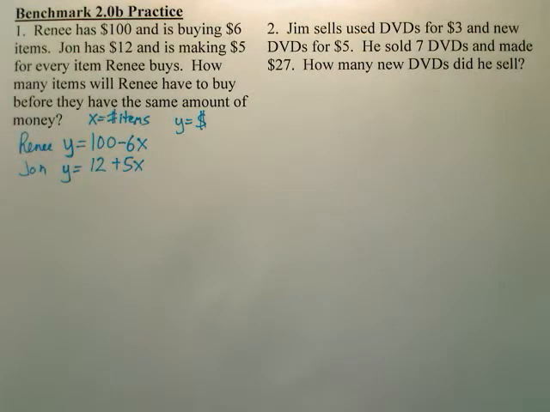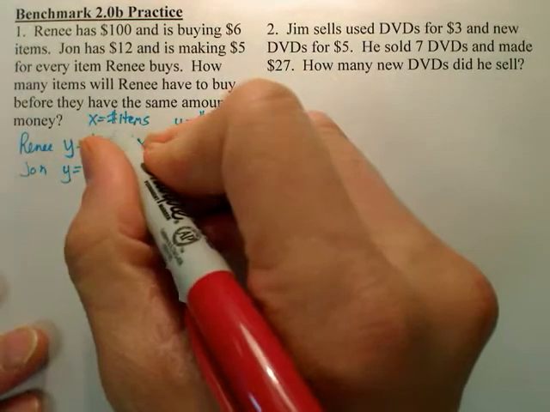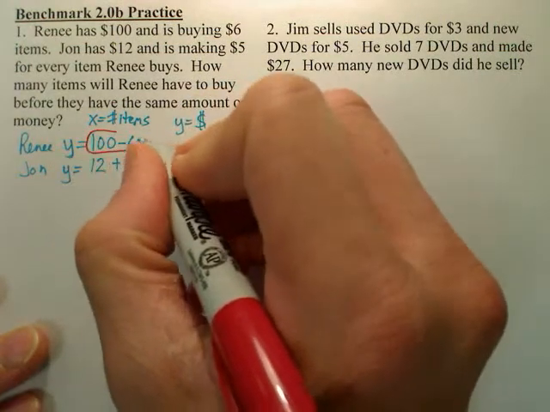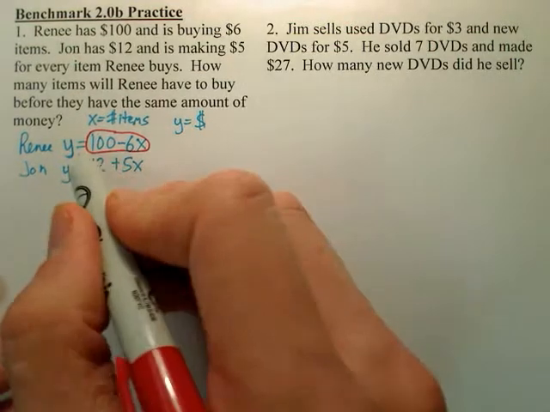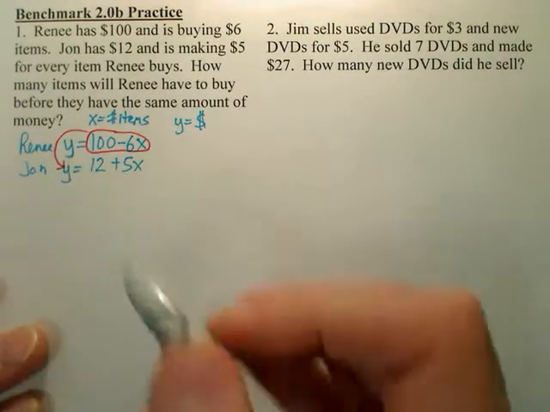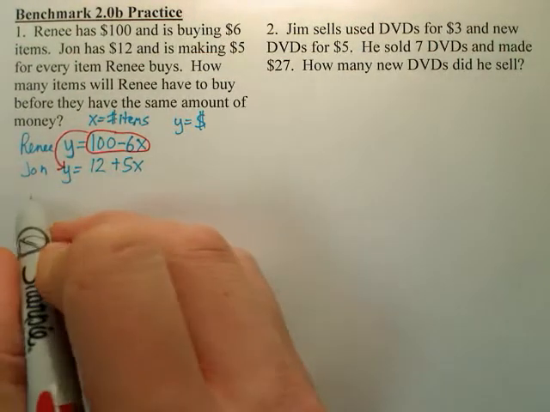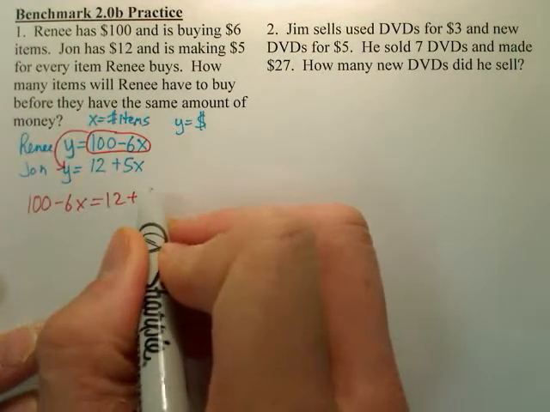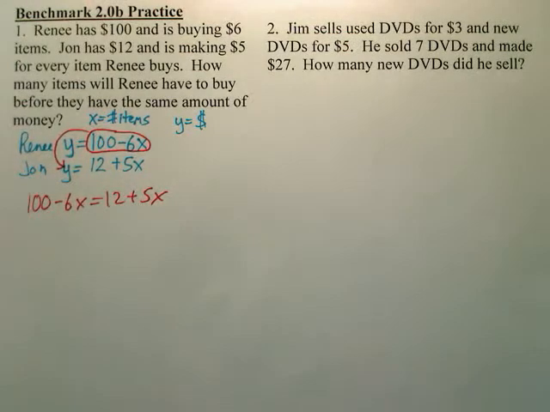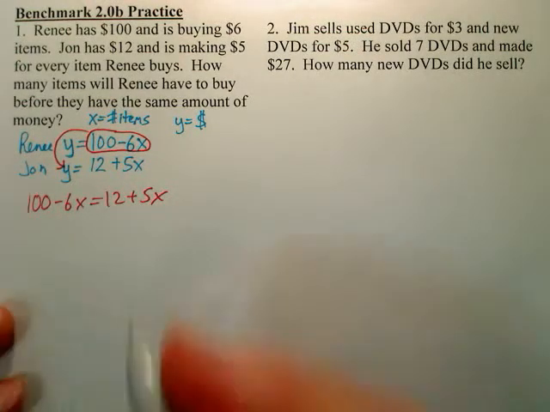So that's the scenario. A little bit different scenario. Now if I want to solve this, I want to replace y with this. So I'm going to take that y and simply stick it right there for the other y, leaving you 100 minus 6x equals 12 plus 5x. And we solve that.